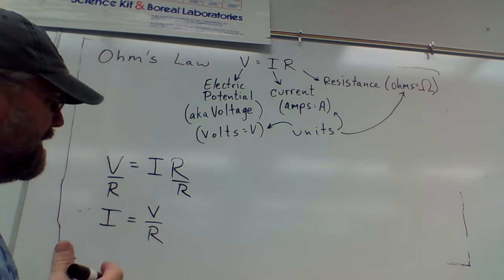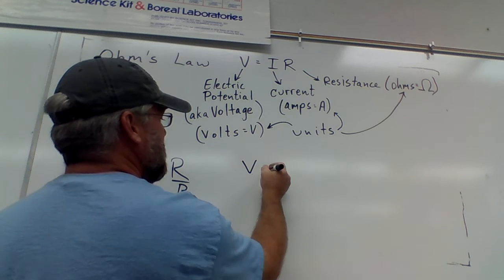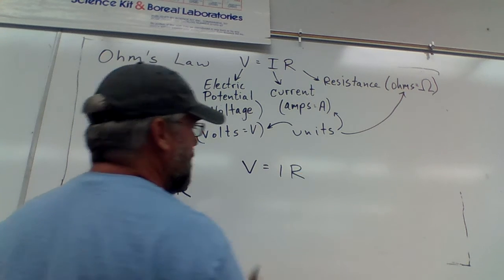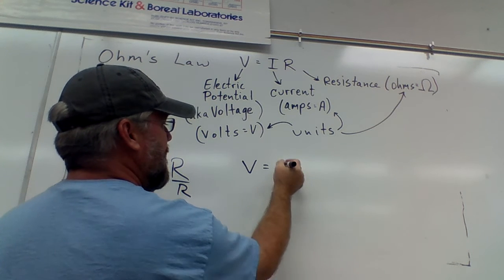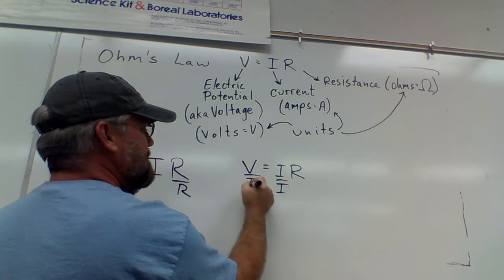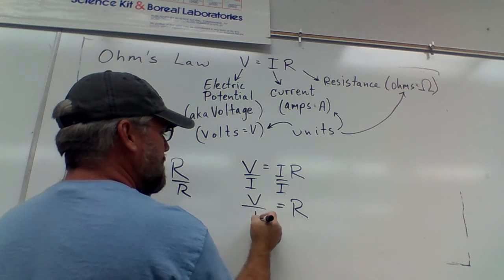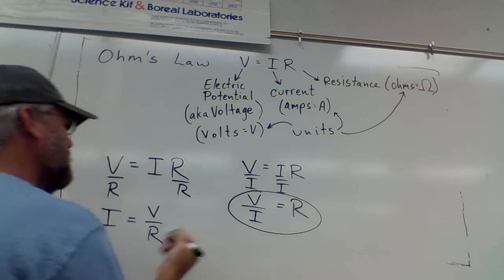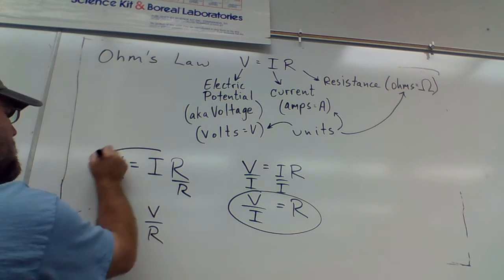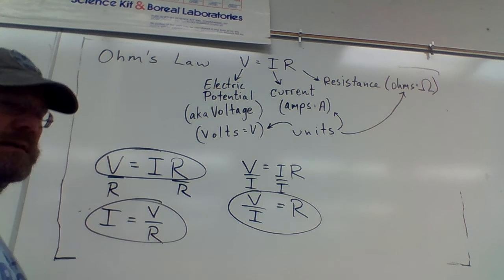Now, as far as what if I needed to find resistance? So again, V equals IR. If I needed to find resistance, I would divide off I on both sides, and R would be equal to V divided by I. So these are really the three equations that you need to know.